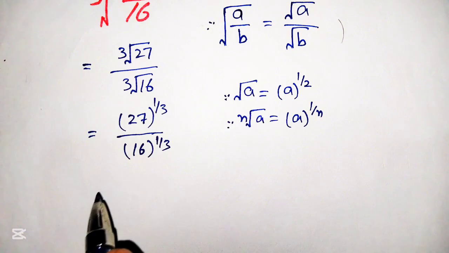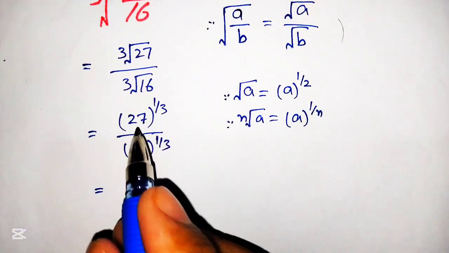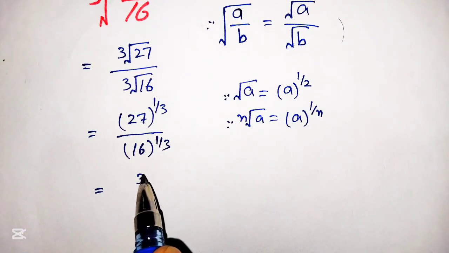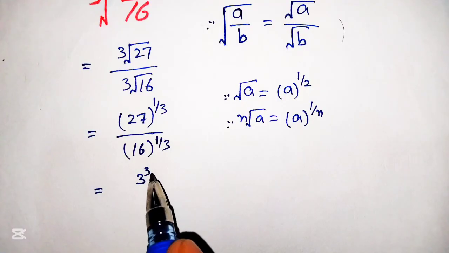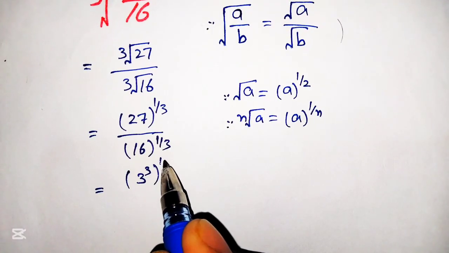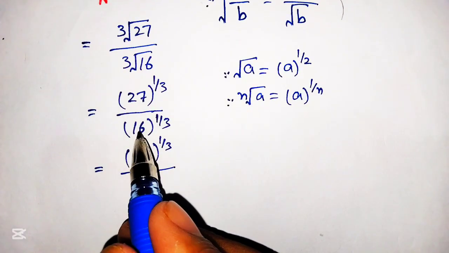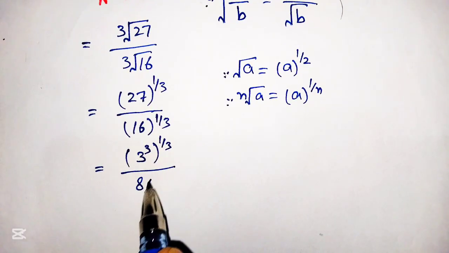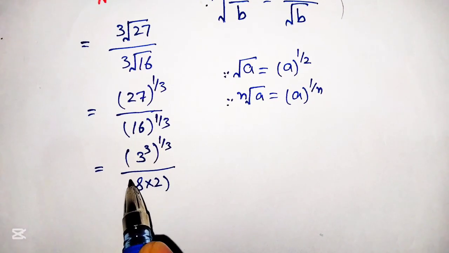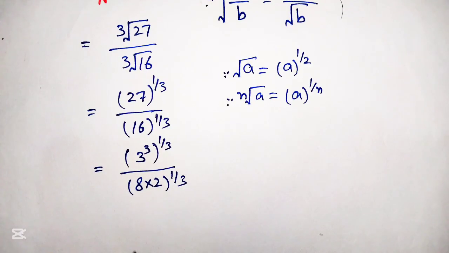Now we will simplify this, and for this purpose we can write 27 as 3 raised to power 3, and whole raised to power 1 over 3, divided by, in the denominator, 16 written as 8 times 2, and whole raised to power 1 over 3.